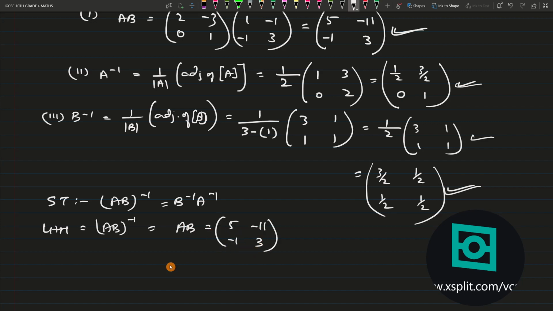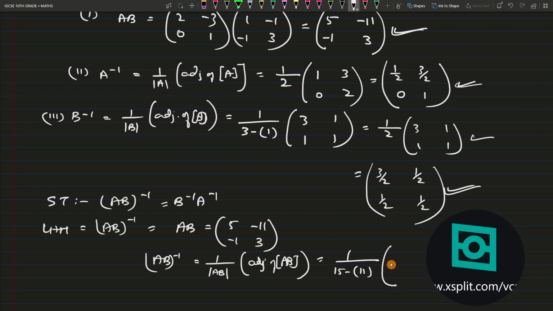Now if you want to find out the inverse of this, then AB inverse will be equal to 1 upon determinant of AB times adjoint of AB matrix, isn't it? So this will be 1 upon, now determinant of AB will be 5 3s are 15 minus 11, and adjoint of this will be 3 and 5, and this will become 11 and 1.